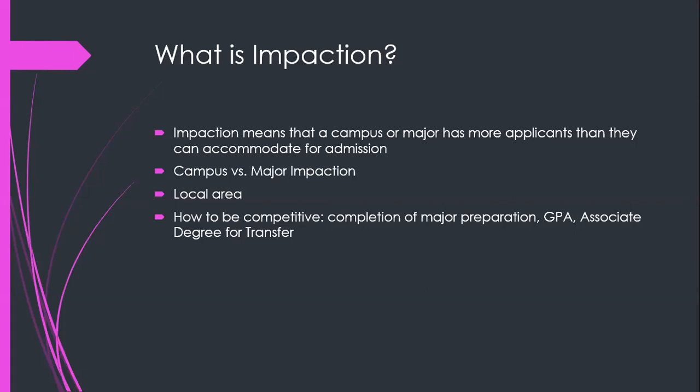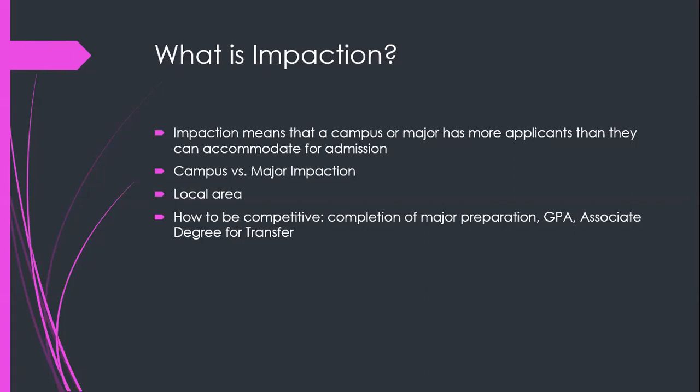And so they have a finite number of spaces that they can allow students to enroll in. And so they have some requirements above the basic admissions requirements that you have to complete in order to be admissible to the major. And even completing all of those requirements doesn't guarantee admission into that major.